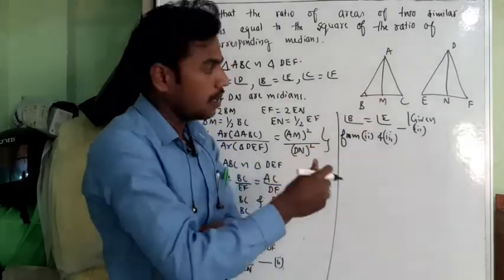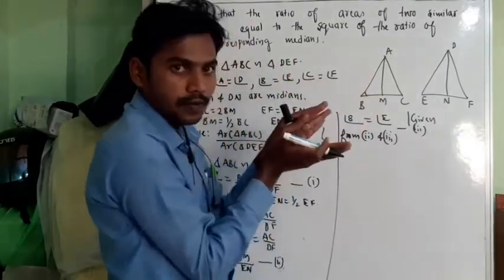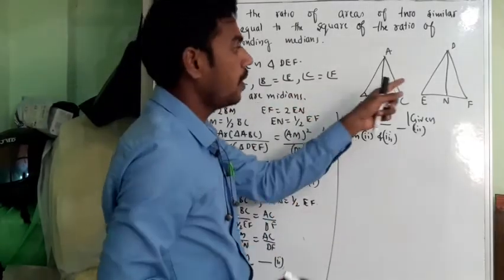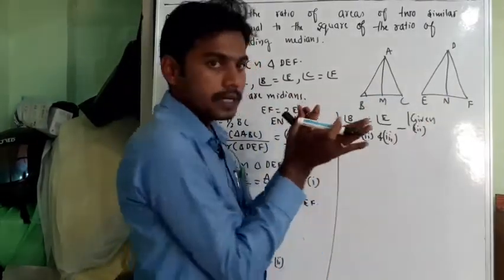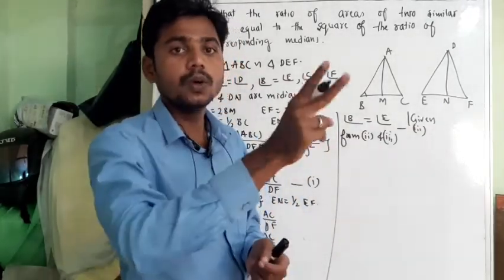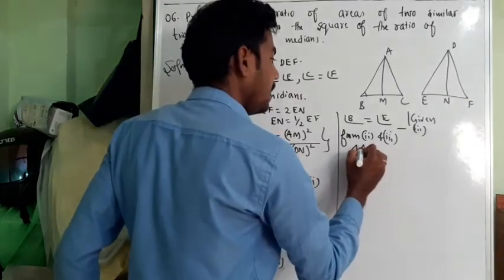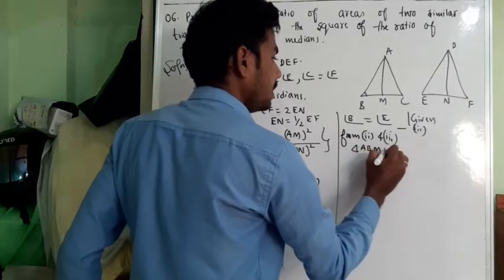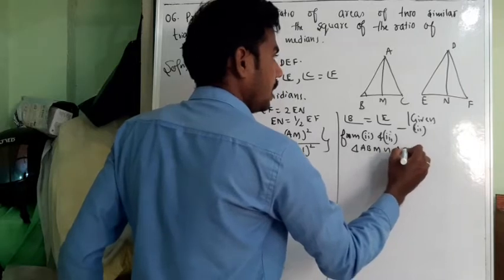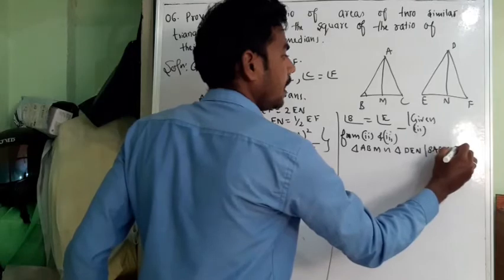One angle and included sides of one triangle are equal to one angle and included side of the other triangle. So by SAS rule, those two triangles are similar. So triangle ABM is similar to triangle DEN, because of SAS criteria.